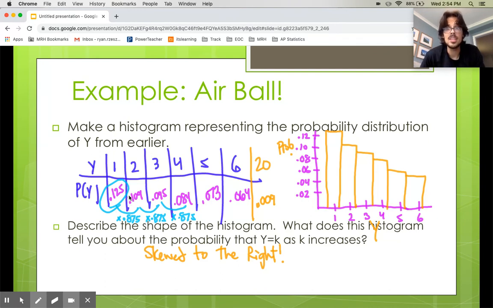And the probability he won't make the first shot is pretty high, 87%. But in terms of single outcomes, the most likely outcome is the first one, because you always multiply by a decimal to get deeper into your table. So what does this tell you about the probability as k increases? It always decreases.